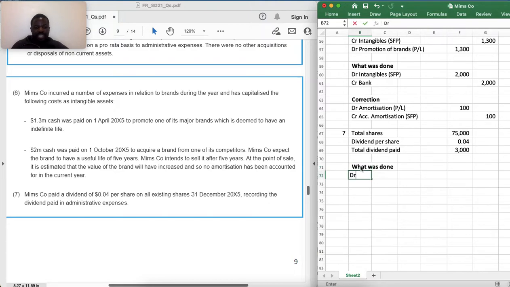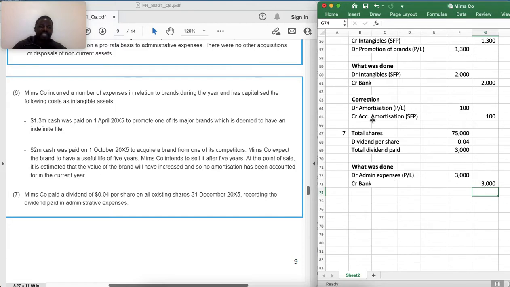The accountant debited admin expenses by 3,000. The admin expenses, where are they found? They are found in the statement of profit or loss. Then and credited bank with the same amount.